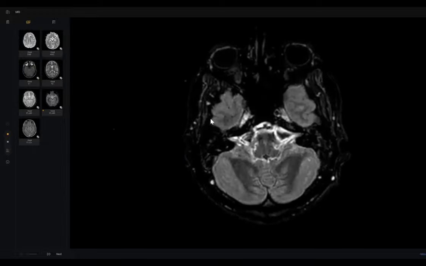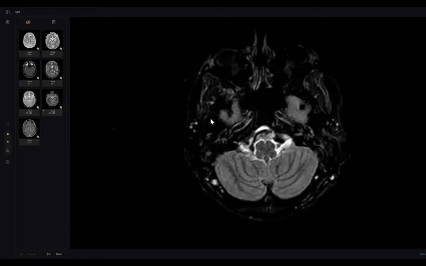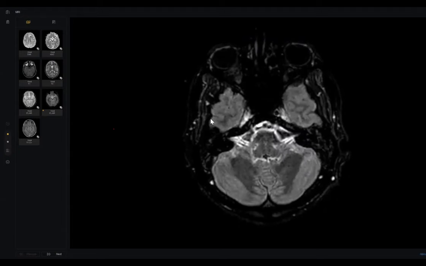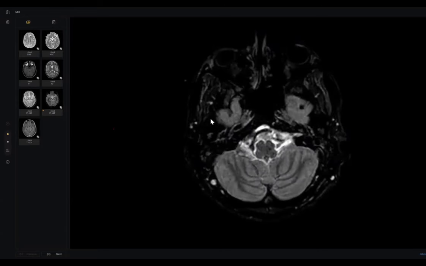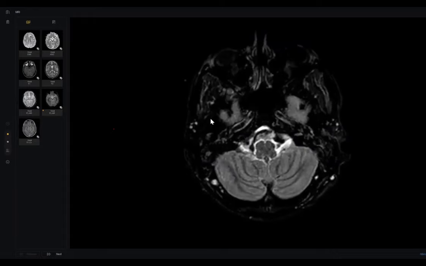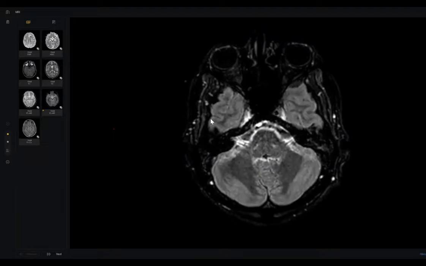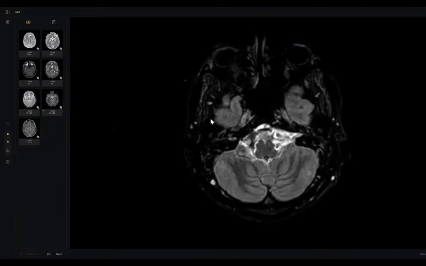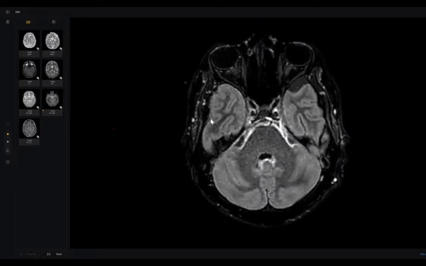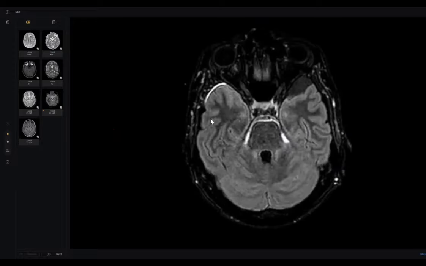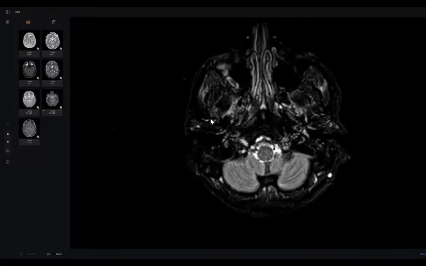What happened here? I think there is abnormal signal anterior to the medulla. This could be blood, mixed signal.